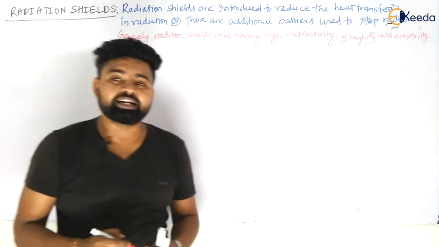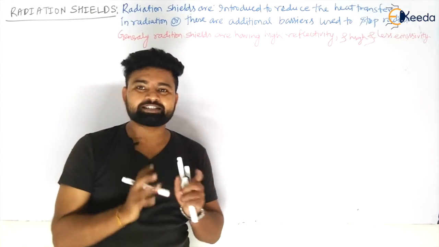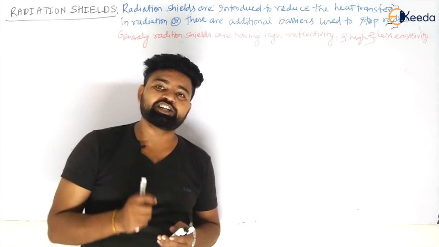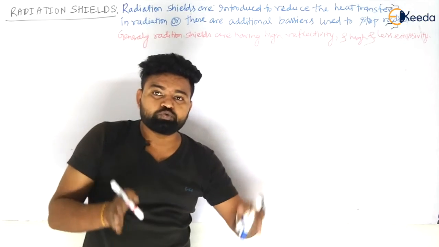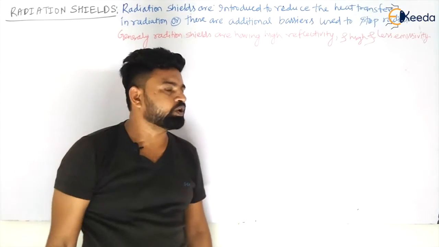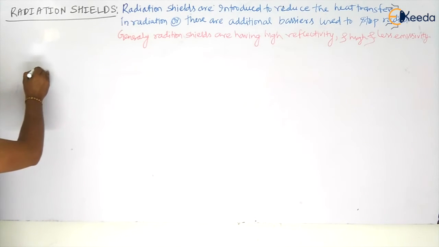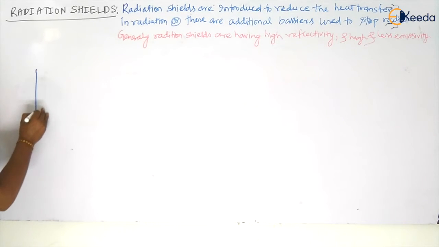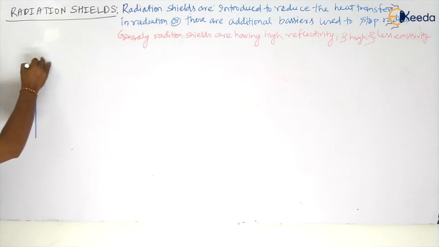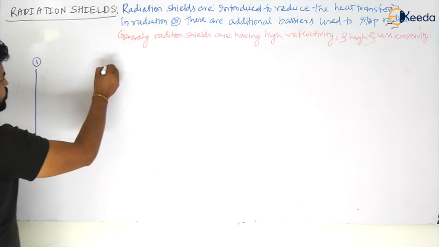So my dear students, let us study what happens when we introduce a radiation shield between the two walls of the furnace. Now, I have two surfaces. Let us say this is surface 1 and this is surface 2.